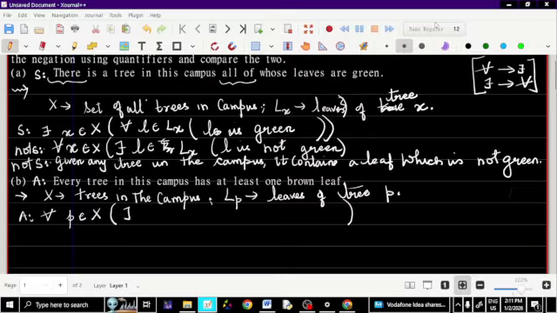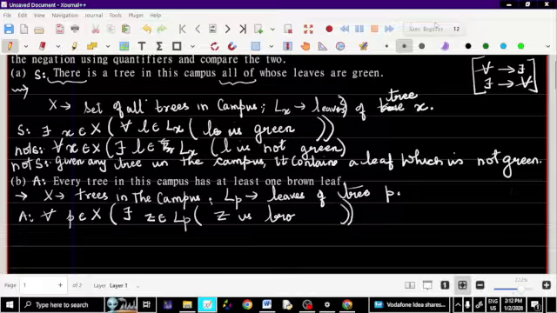I'll call it maybe z. So there exists a z in the set of leaves, that is Lp, such that z is brown. Correct? So what will be its negation?